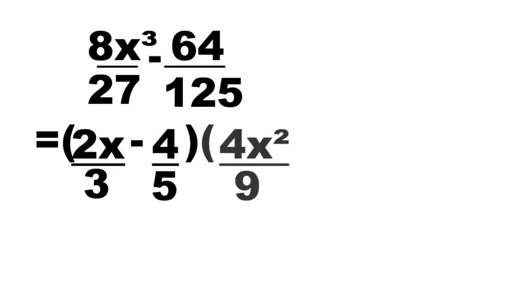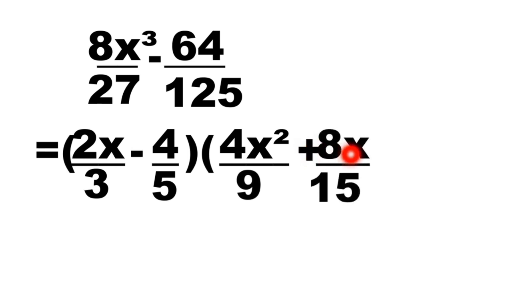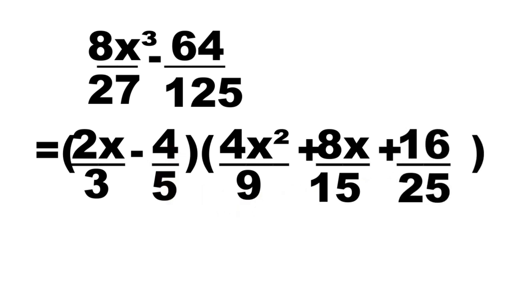The square of 2x over 3 is 4x squared over 9. Then multiply this one and this one, so we have plus 8x, because 2x times 4 is 8x, and 3 times 5 is 15. And square the last term. The square of this one is 16 over 25, so you have plus 16 over 25.